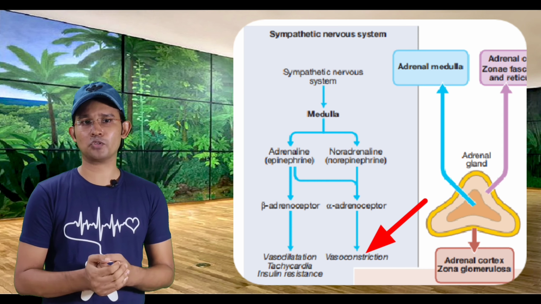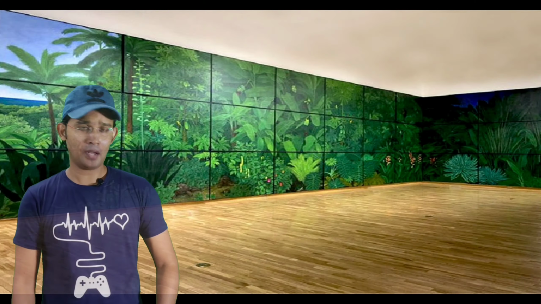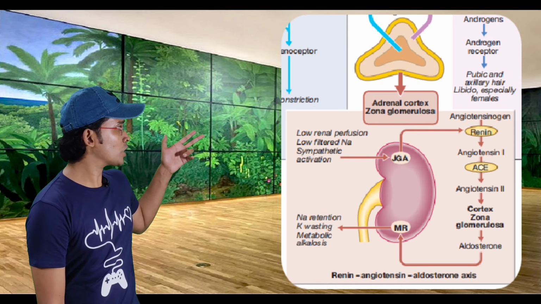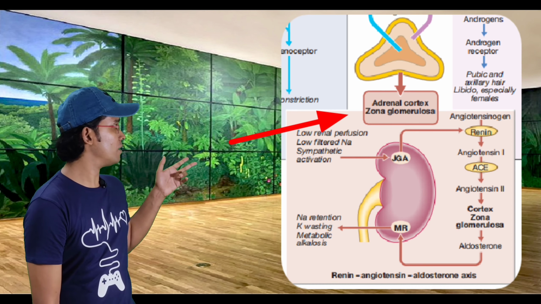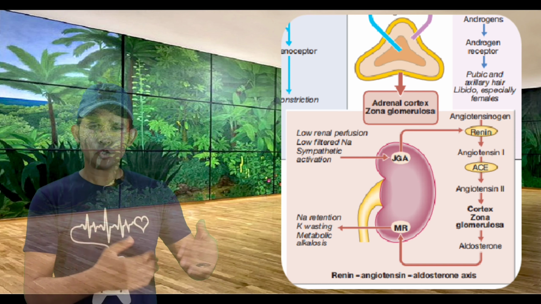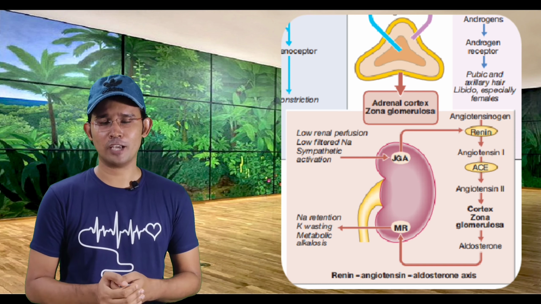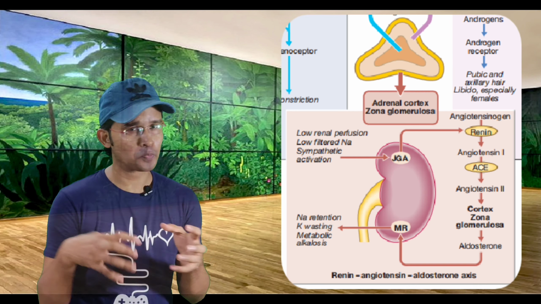But the alpha receptor causes vasoconstriction. Now, below the adrenal cortex, zona glomerulosa stimulates aldosterone secretion and it acts on the kidneys especially.